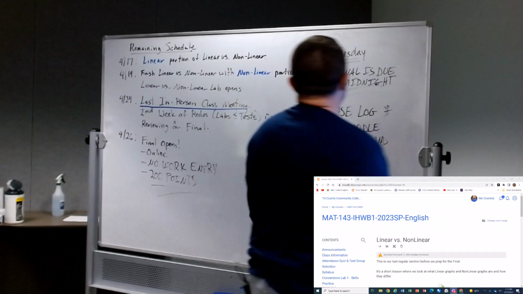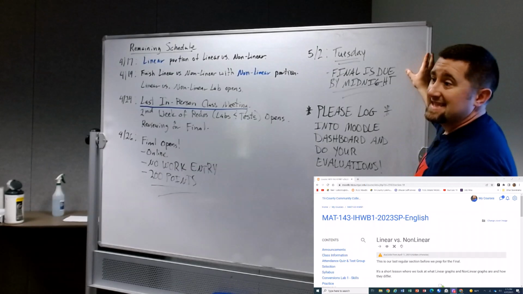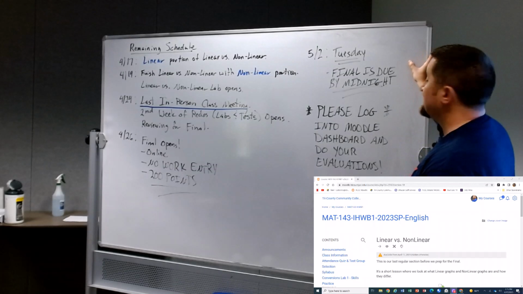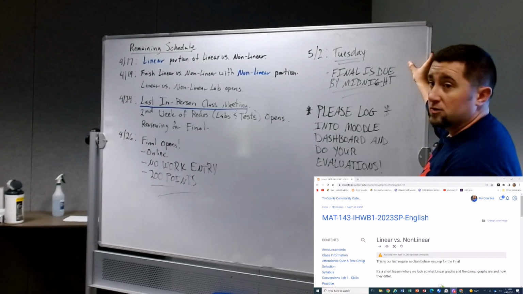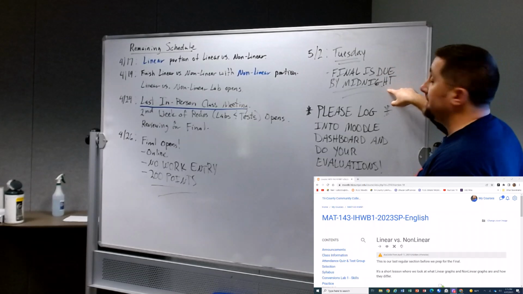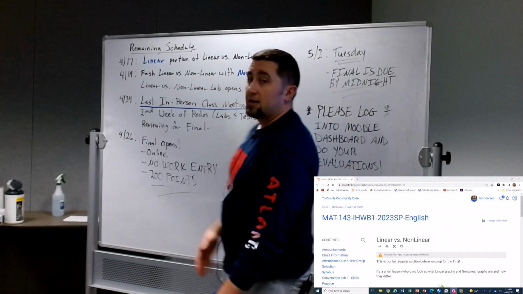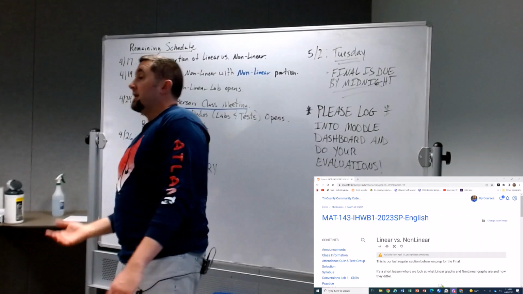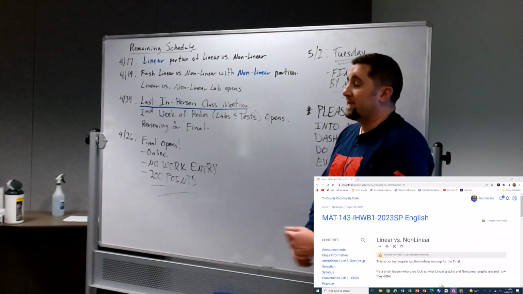The final will be due on May the 2nd, all right, which is a Tuesday, which is, you know, we've not really done a whole lot of that, but it's due May the 2nd by midnight, okay? Now, one thing that you guys need to know and the online folks need to know is that I always put the due dates as midnight.